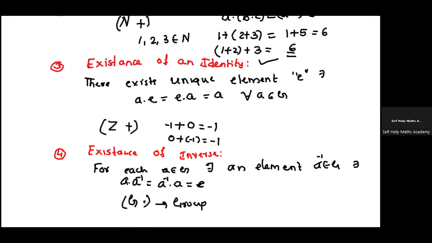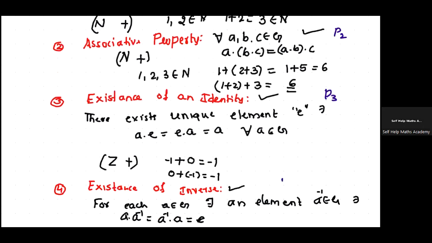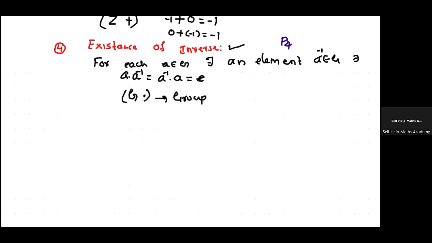Let me name these P1, P2, P3, and P4, postulates number 1, 2, 3, and 4. If P1, P2, P3, P4 are satisfied, then we call the non-empty set G together with the binary operation a group.